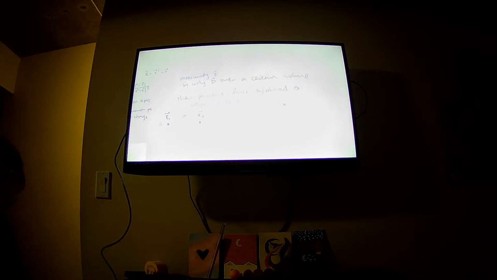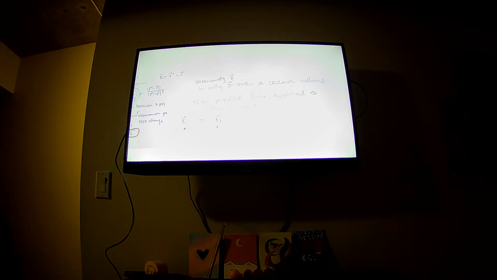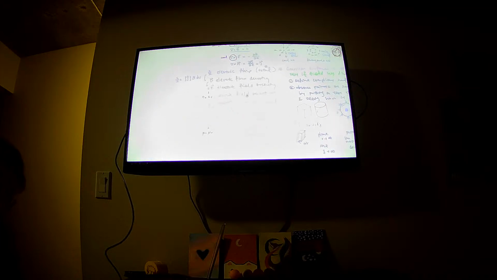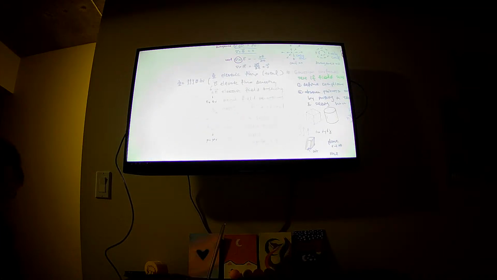So how do we measure electric field by using the electric flux density? We already talked about this. The electric flux is when you take a volume integral of your electric flux density, which is, by the way, Weber per density, I think. Okay, I think it's Weber per meter cubed.